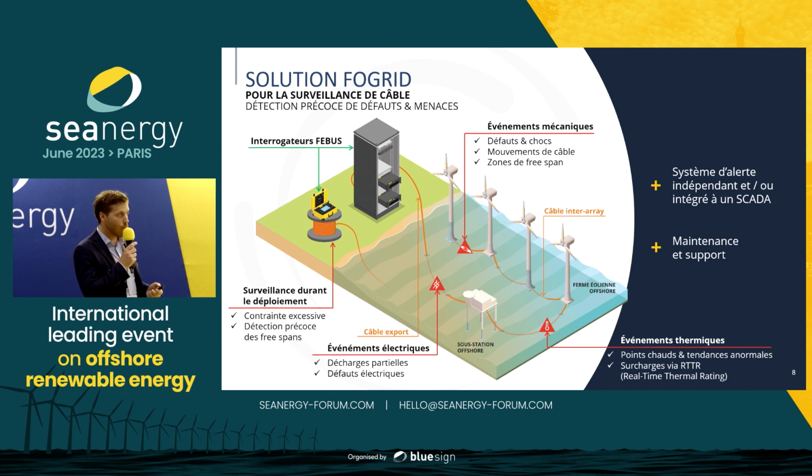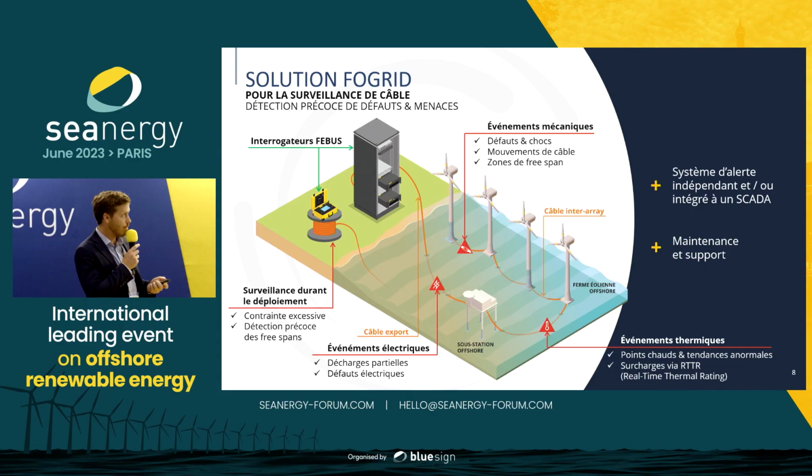And of course, we can do what we call RTTR, also called DCR for dynamic cable rating, meaning that we can predict when a cable is going to overheat if we have the information on the power that is going through it. So once again, very good to make sure that you optimize the lifetime of your cable.